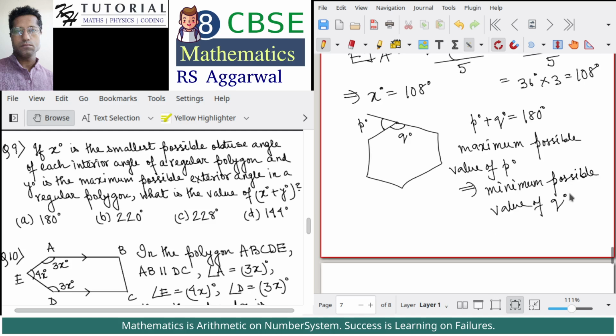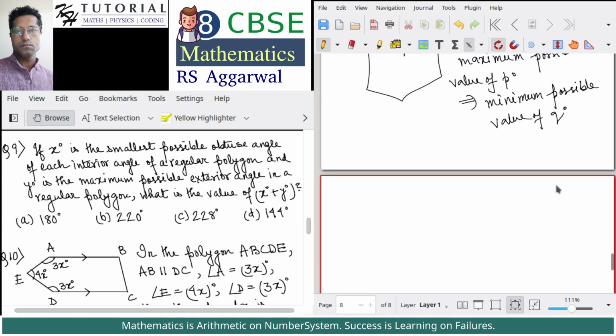So now if we can somehow find the minimum possible value of q degree, that is the minimum possible value of the interior angle of a regular polygon, then we can find the corresponding maximum possible exterior angle.